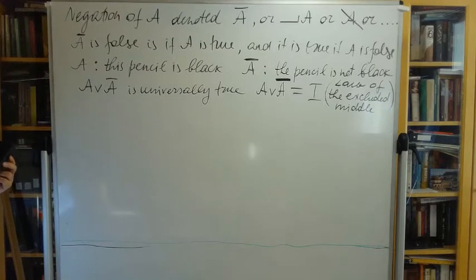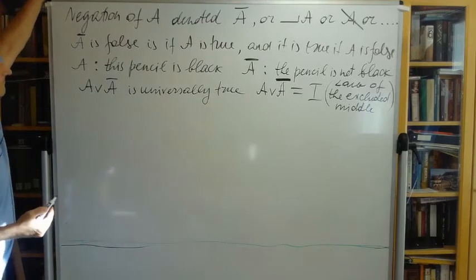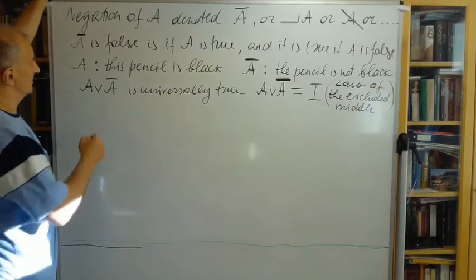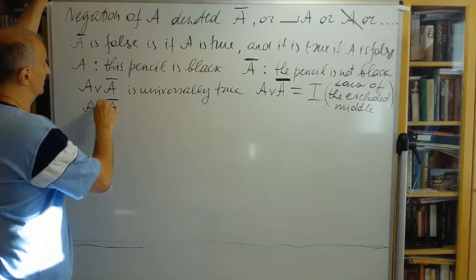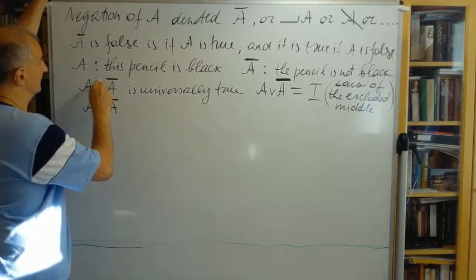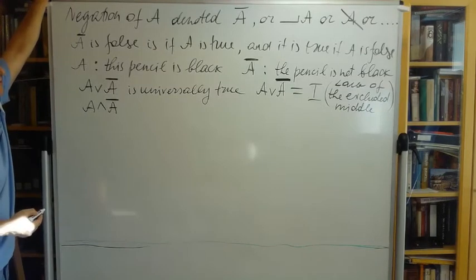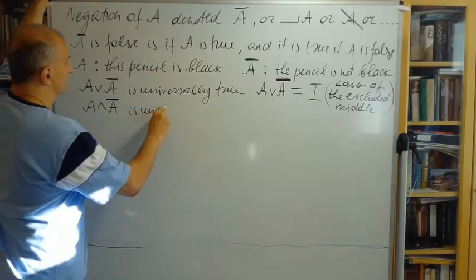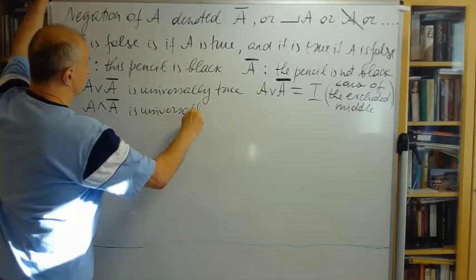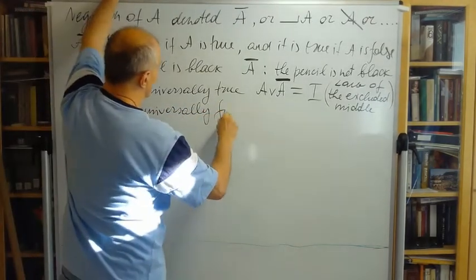But if I say this pencil is black or it is not black, then it's always true, universally true. A conjunction with not A, these two statements cannot hold together, is universally false.